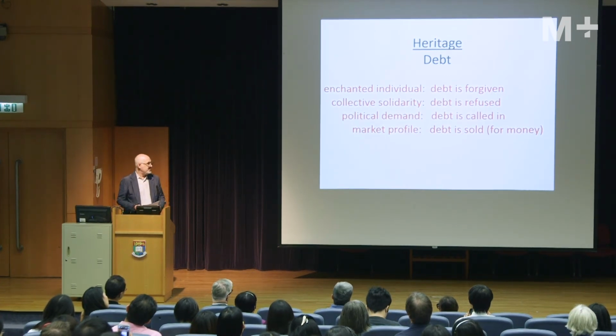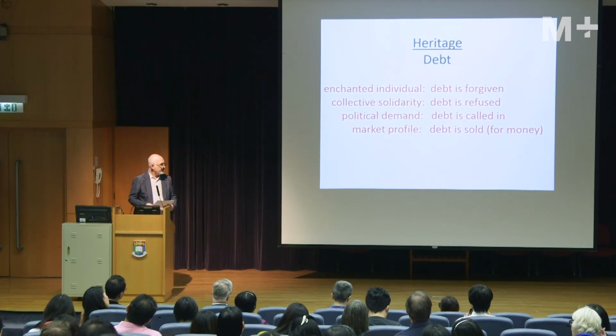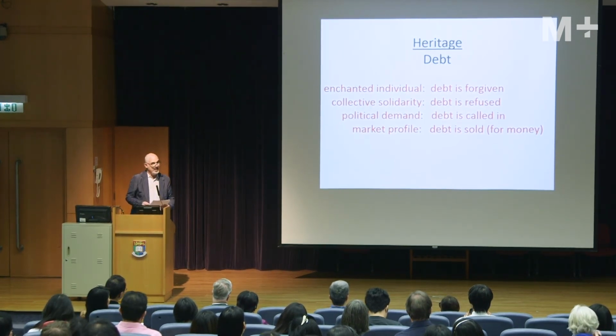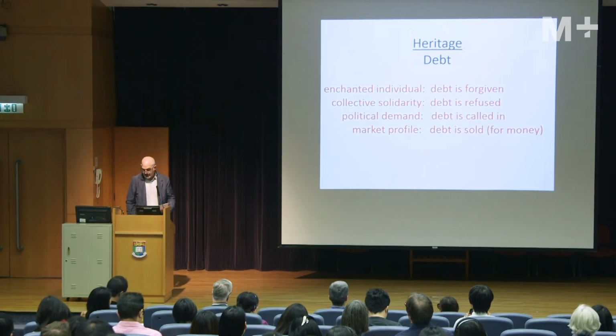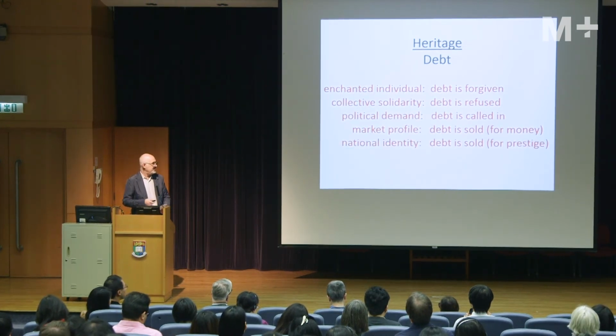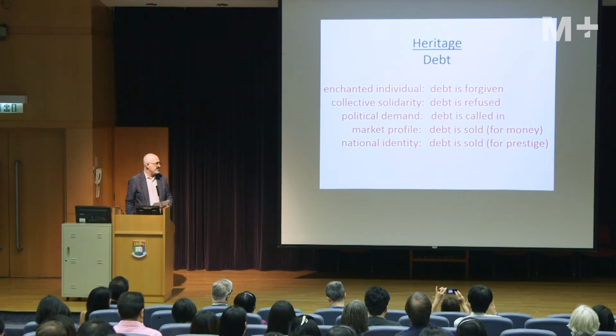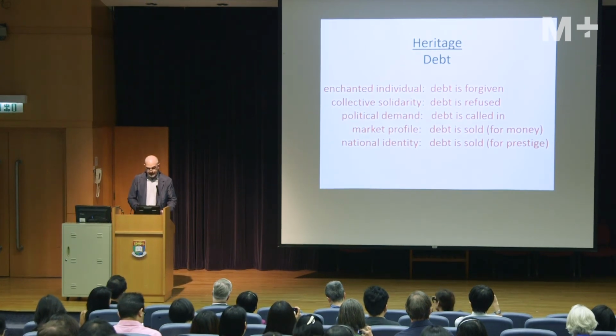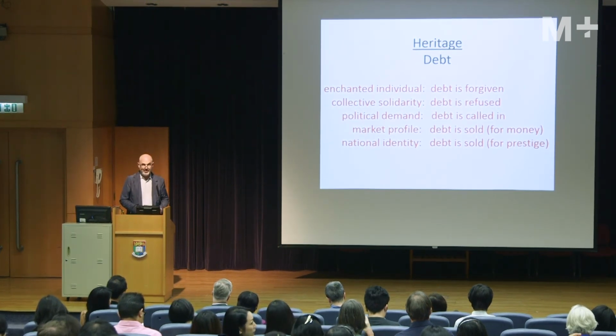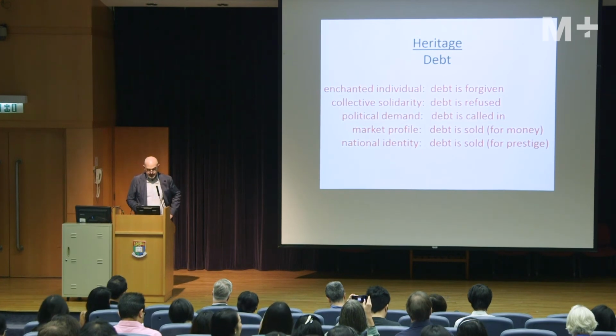So in the case of the Soviet auction or the Russian auction, the debt to the West is sold as a kind of entry into neoliberal economies. And with regard to the Aboriginal situation, it's sold for prestige as a multicultural modern nation that respects its indigenous traditions.